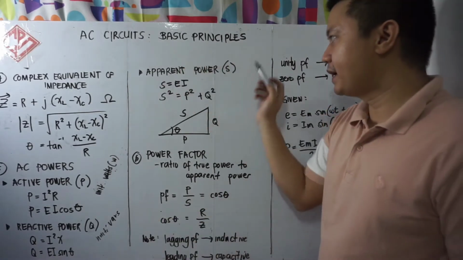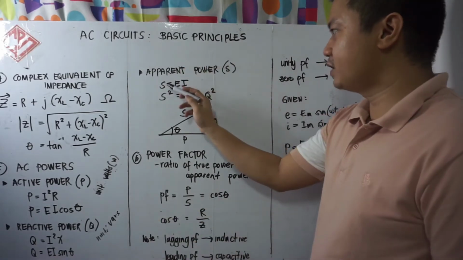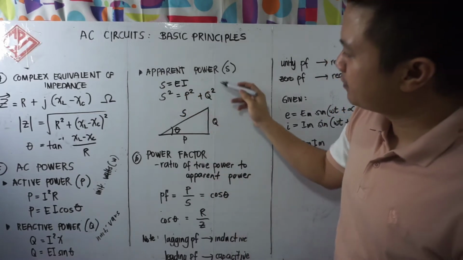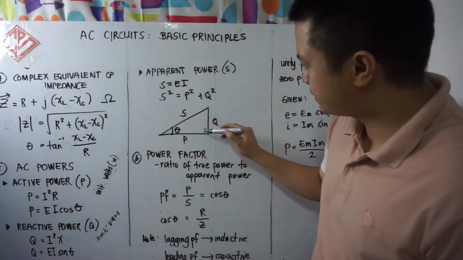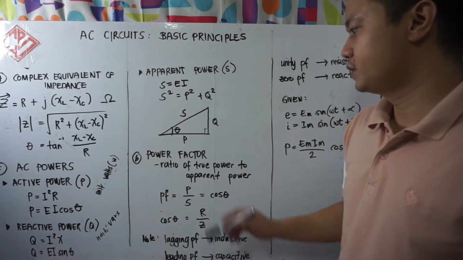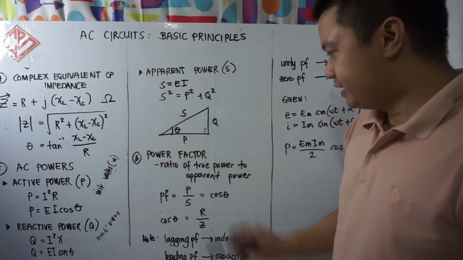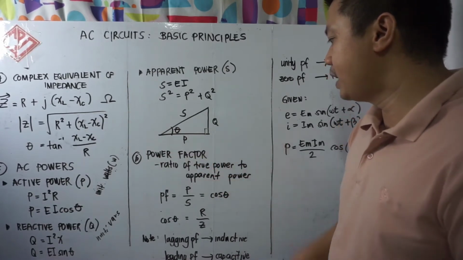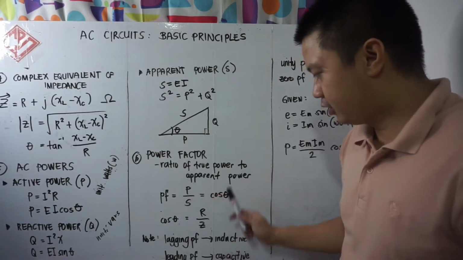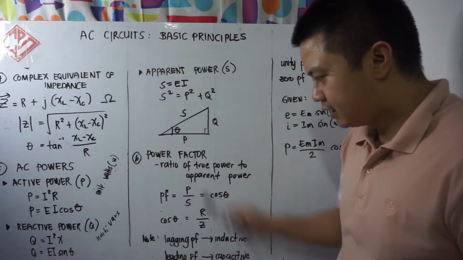Apparent power S, that is S equals EI. So your S squared is equal to P squared plus Q squared, referring to this power triangle. For the power factor, this is the ratio of your true power to apparent power, which is equal to P over S, or cosine of theta.